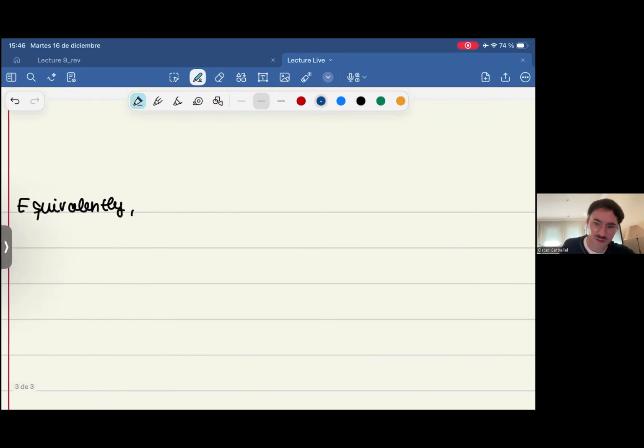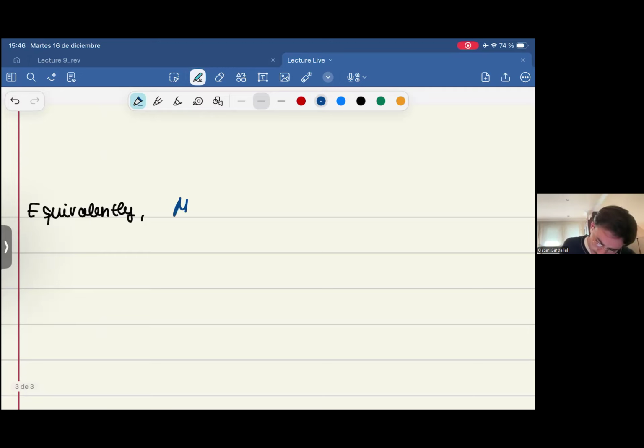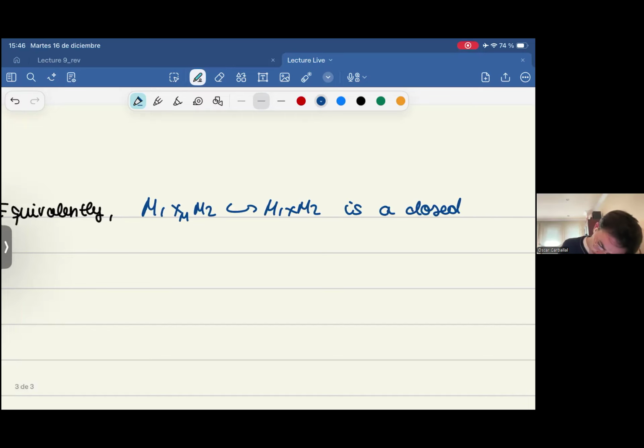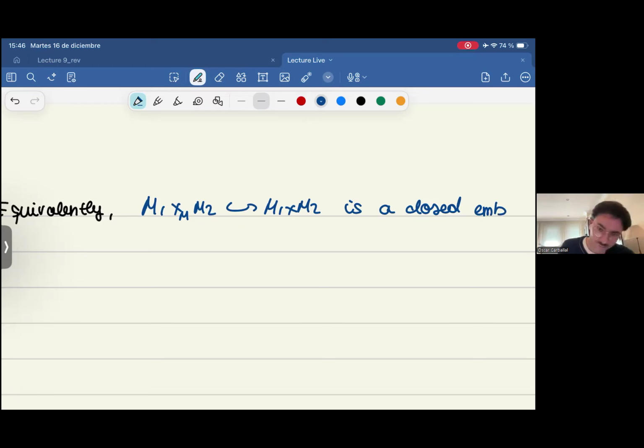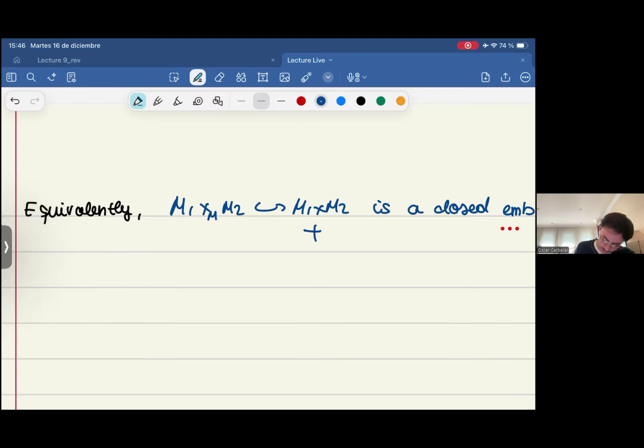Well, the first thing is that, as one should want, this thing here is a closed embedding. And of course, we have the expected tangent spaces.